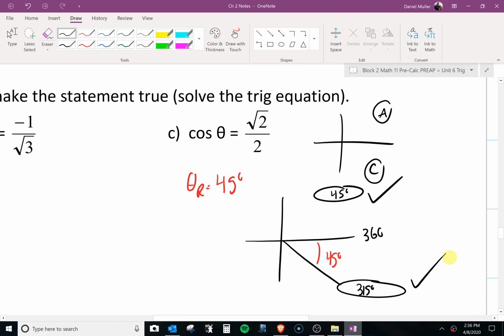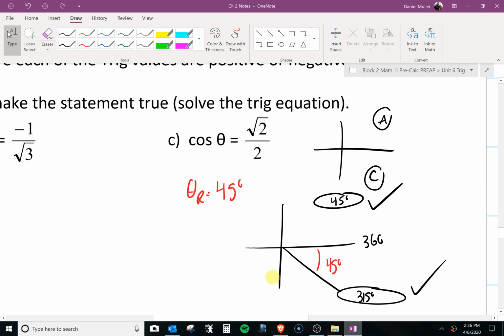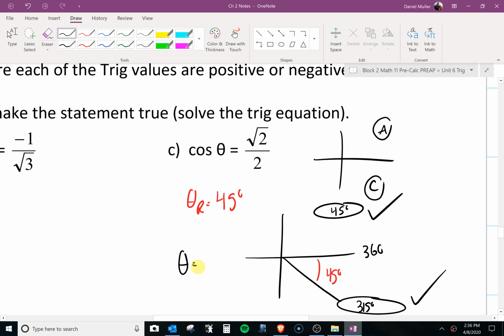So 45 and 315. So you can write down, okay, my angle theta, my actual angle, because my reference was 45, but the actual angles are 45 degrees and 315. So that's the A quadrant up here and the C quadrant. Again, we chose those two quadrants because that's where cosine is positive.